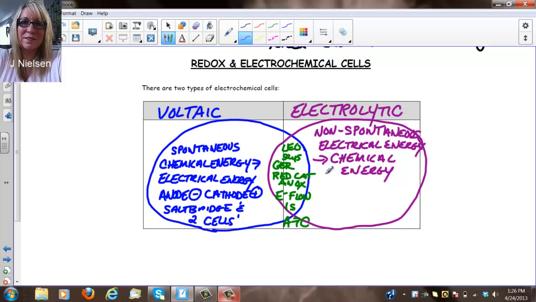It requires a power source to drive or force the reaction. And the anode is positive and the cathode is negative.